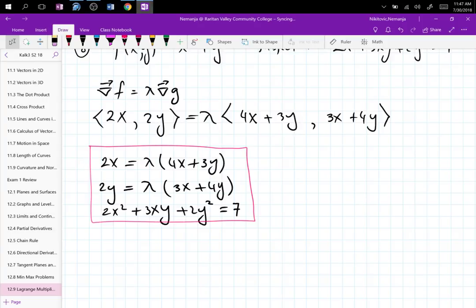Now, how do we know that we have symmetry? Remember, if you swap x with y and y with x, you get the same equation back. So, if I swap each x with y and each y with x in the first equation, I would have 2y is equal to lambda 4y plus 3x. And that's exactly the same as the second equation, as you can see.